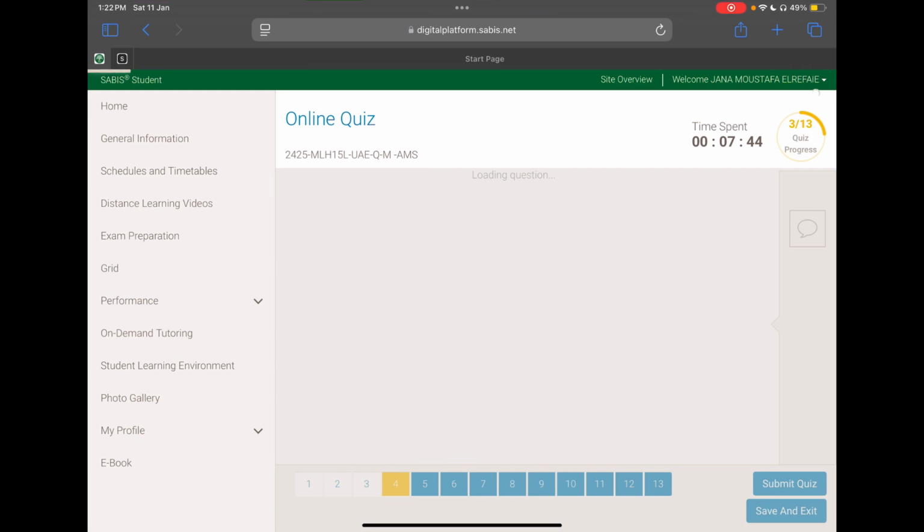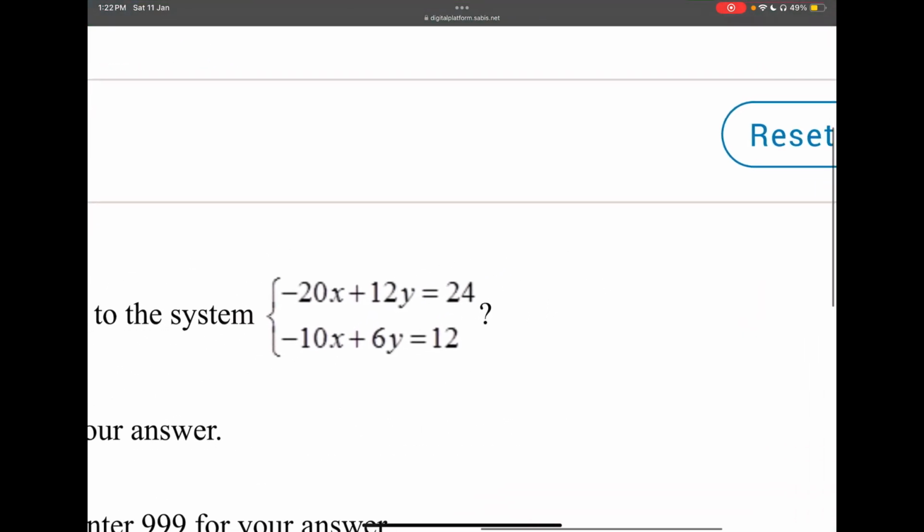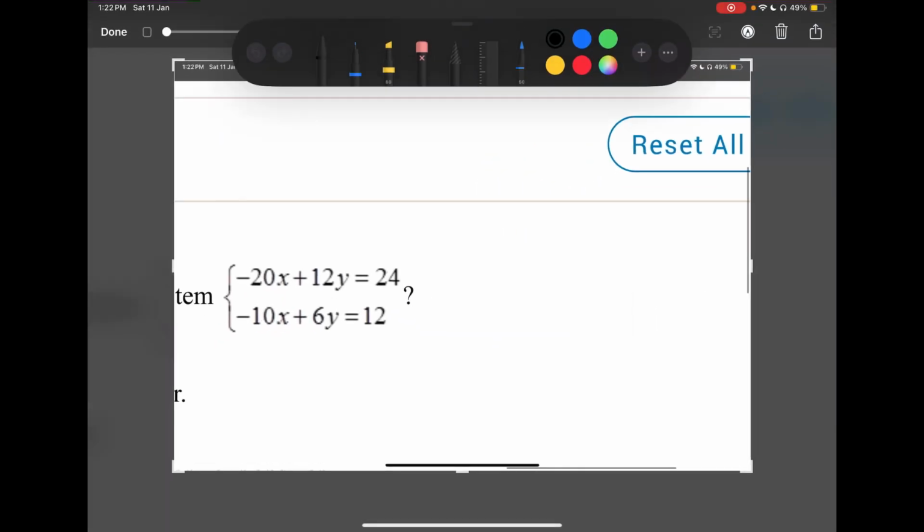Okay, number 5. Here, what is the value of x again? Same question, different numbers. So we're going to multiply it down by -2 so we can eliminate y. -20x plus 12y equals 24.